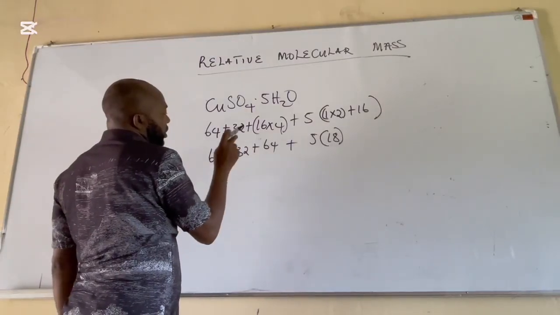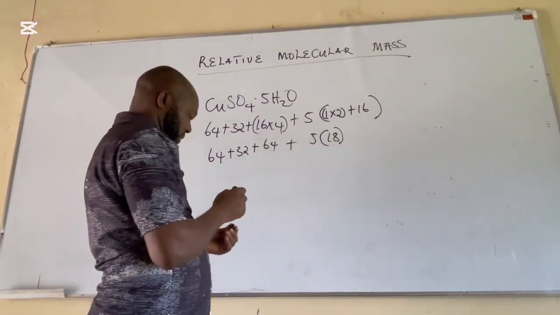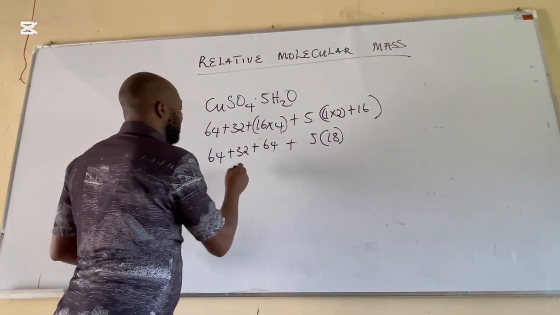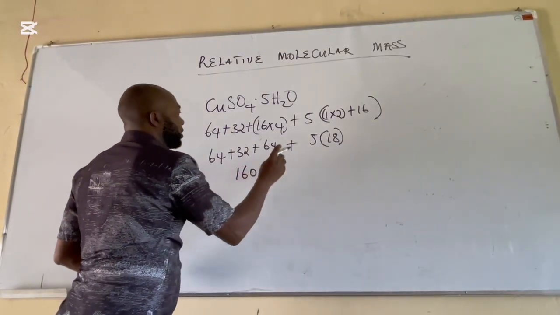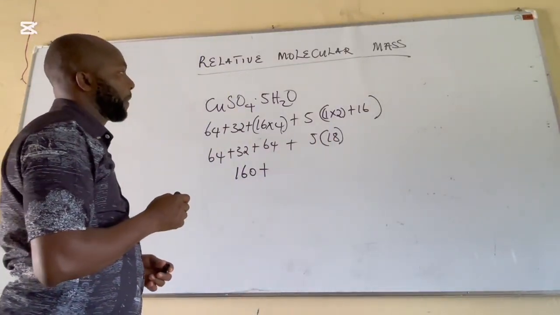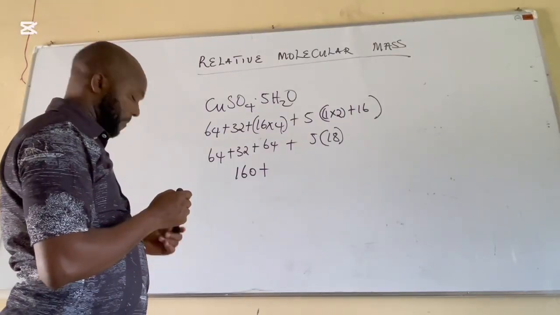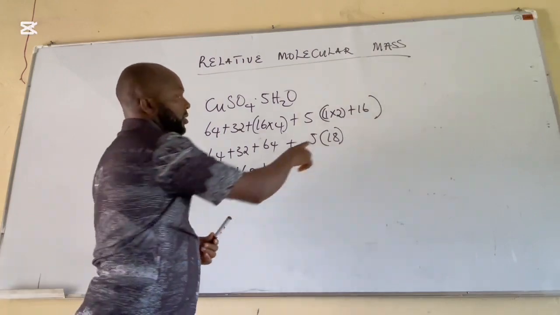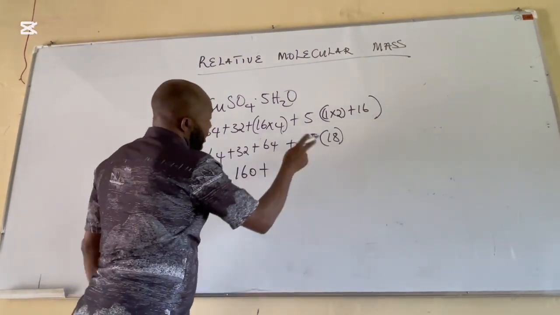64 plus 32 plus 64 plus 5 open bracket 18. Now, 64 plus 32 plus 64 is what? 160. 160 plus 5 times 18, 90. Is it 18 now?